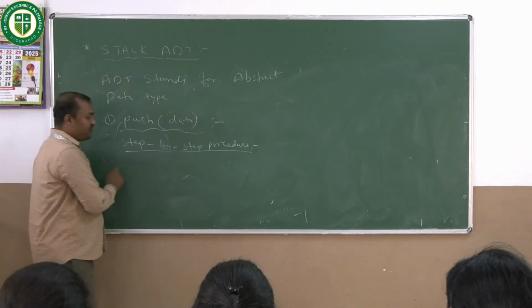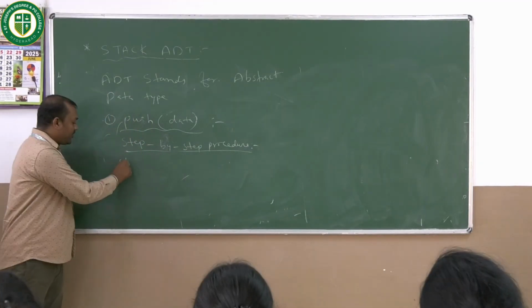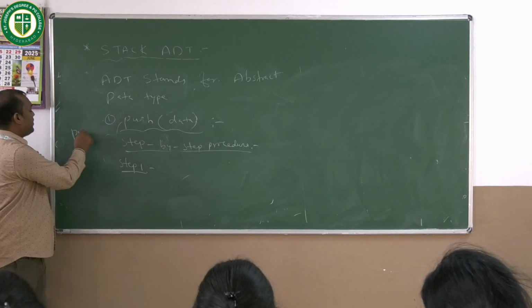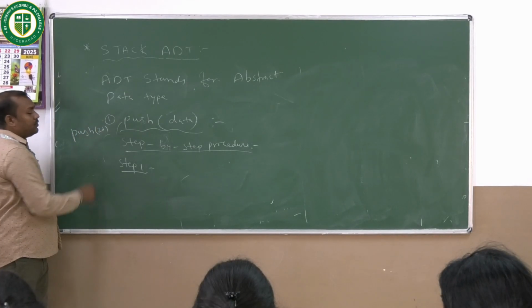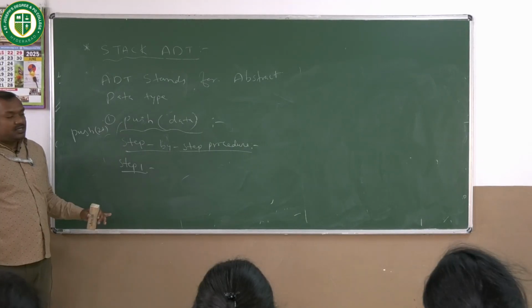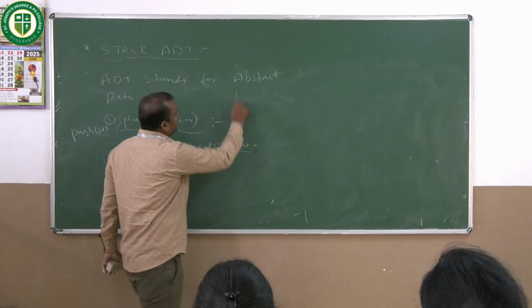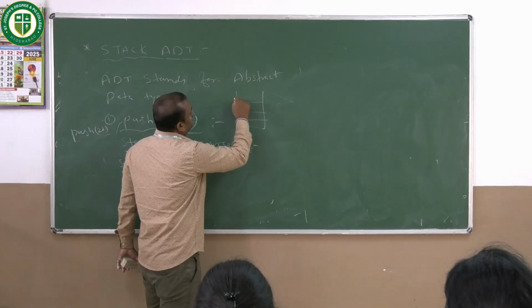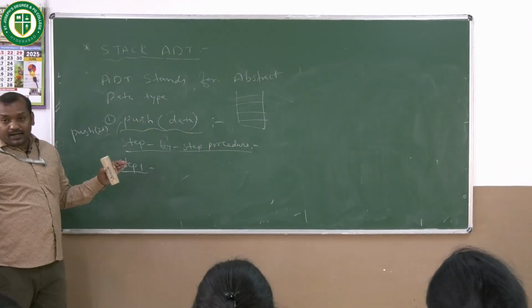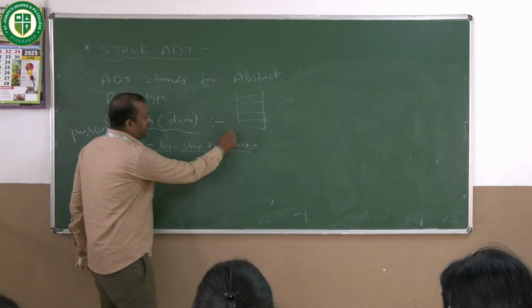So first step is what? When you perform the push function, for example, you are inserting some data, push of 20. Directly the data will not be added. First step, what it does, it checks. This is a stack, right? It maintains a variable called top.